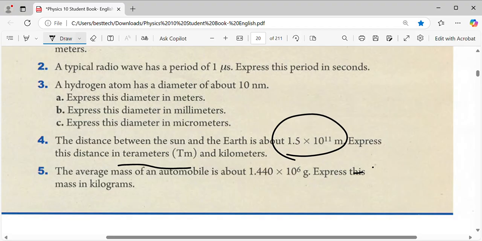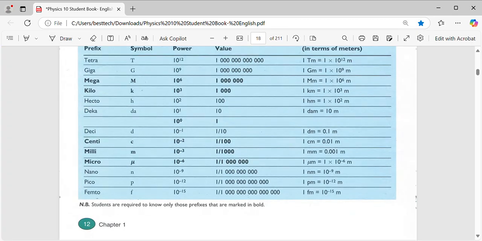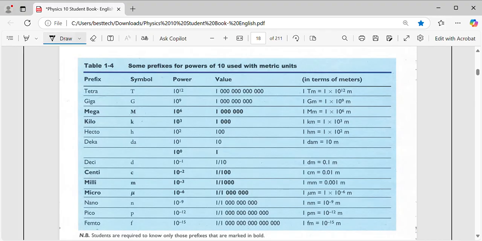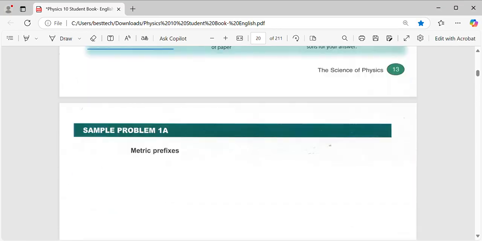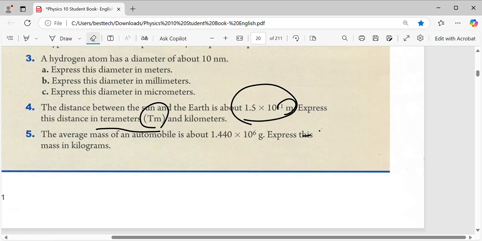We have a relation directly between tetra and meter. That's why I said this table is really important. Tetra: 1 tetra is equal to 10 power 12 meter. So without memorizing, you cannot solve any examples.